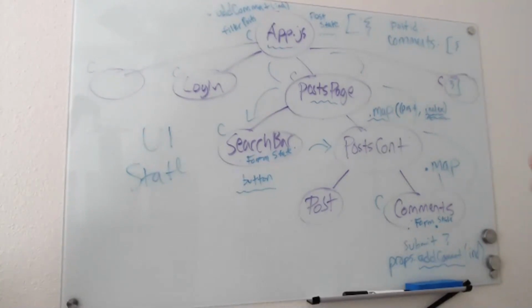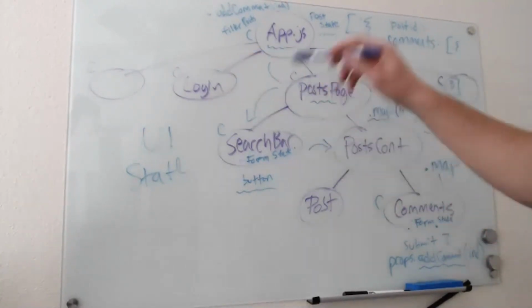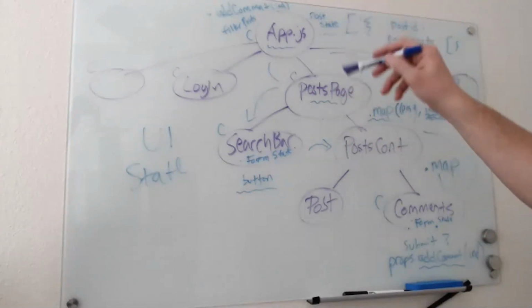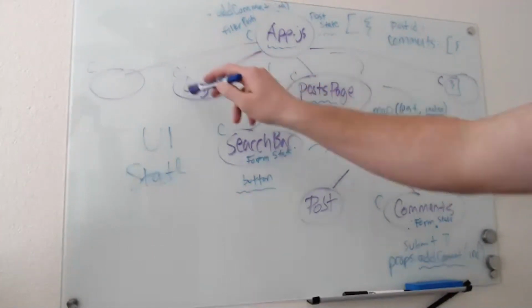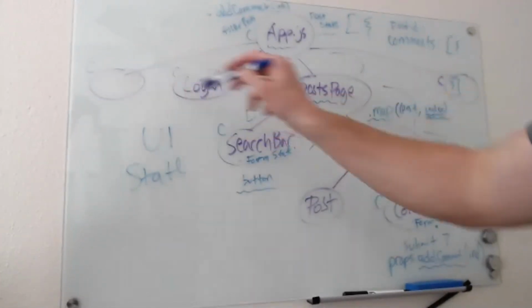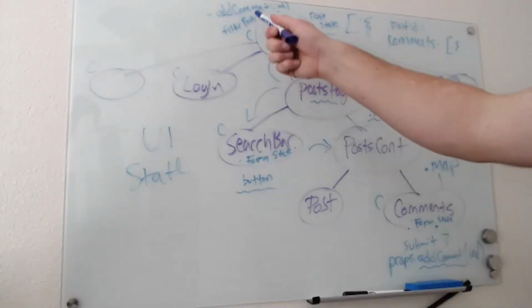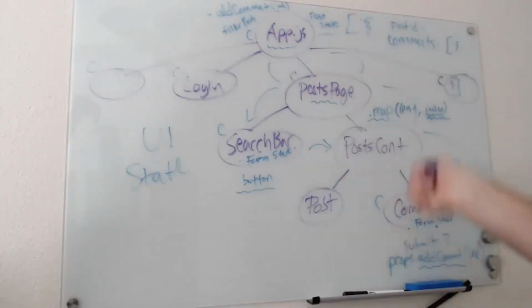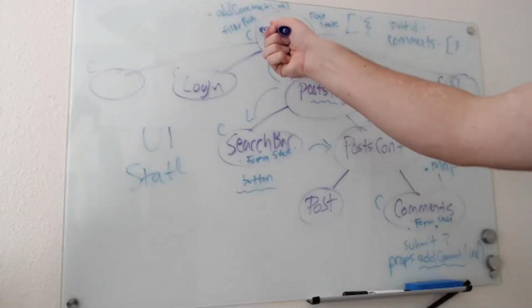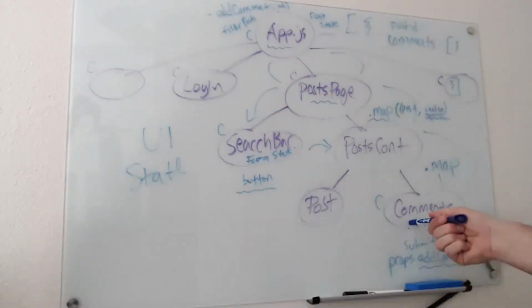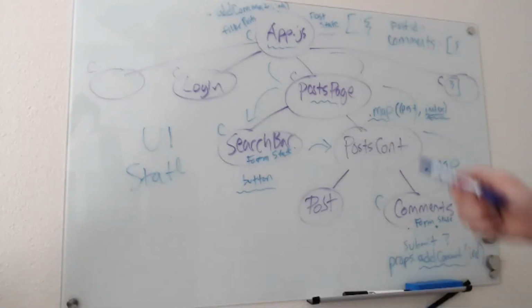So the way I determine where state is going to be, I try and, as much as I can, lift state up to the highest page level components that we'll see with router next week. For this project, I know after drawing this diagram, this holds state, this holds form state, and this holds form state. None of my other components are going to hold state.